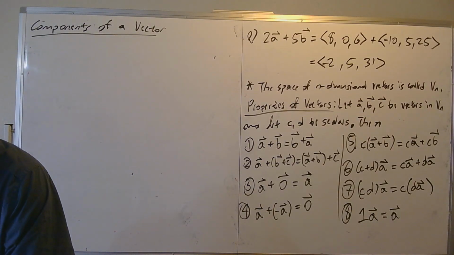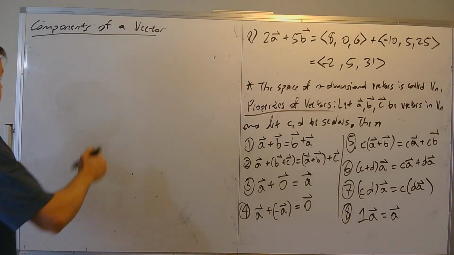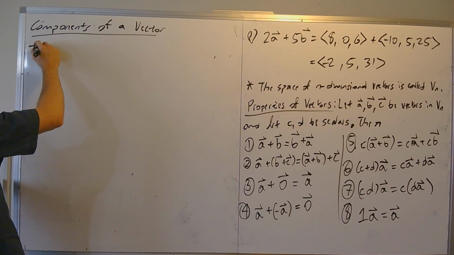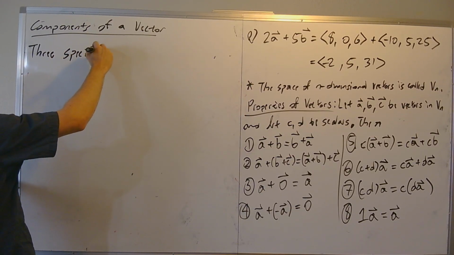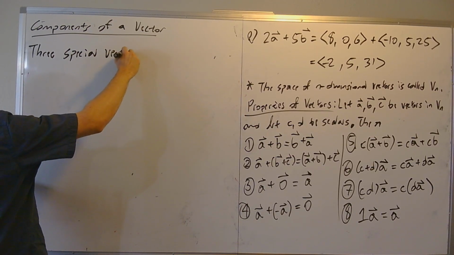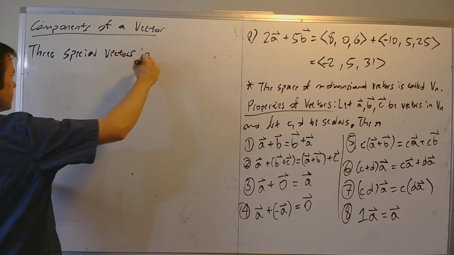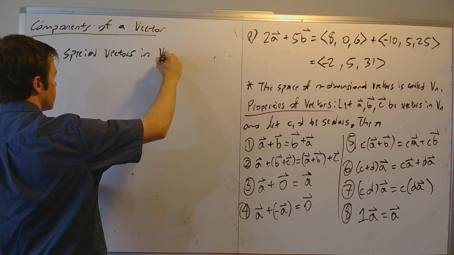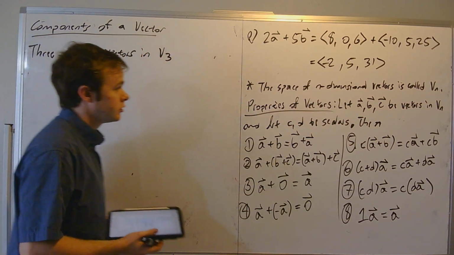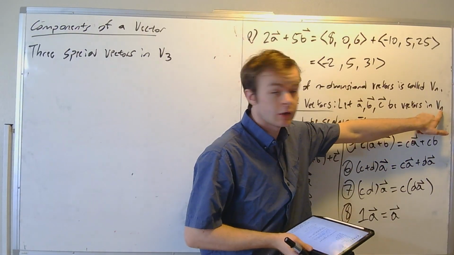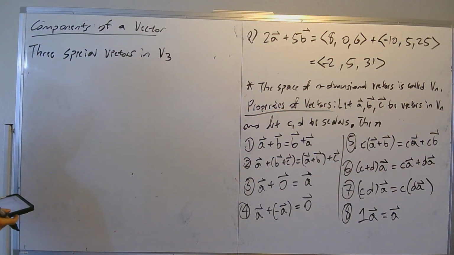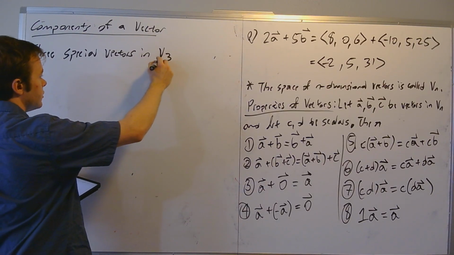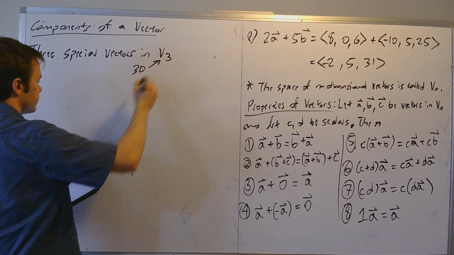Okay, so we have 3 special vectors in V3, which, remember what I said here, the dimension of the space is this subscript. So this is going to be 3-dimensional space. So I'll say here, this is 3D.